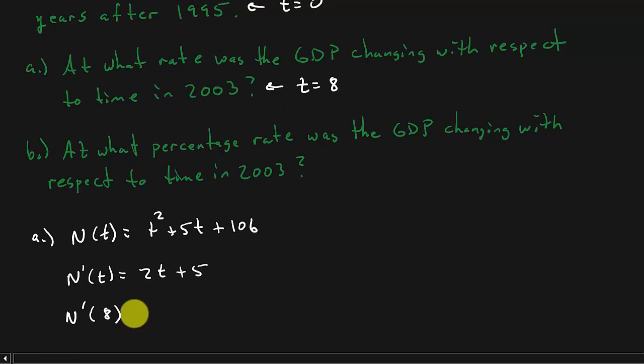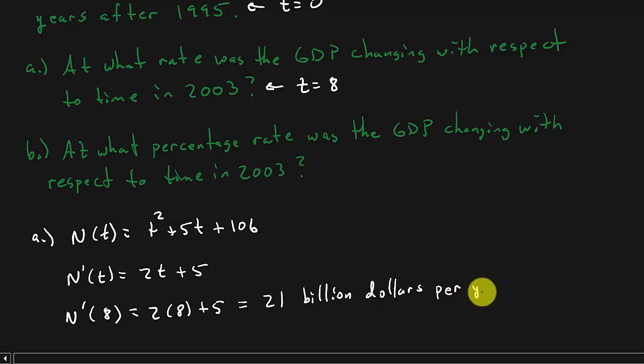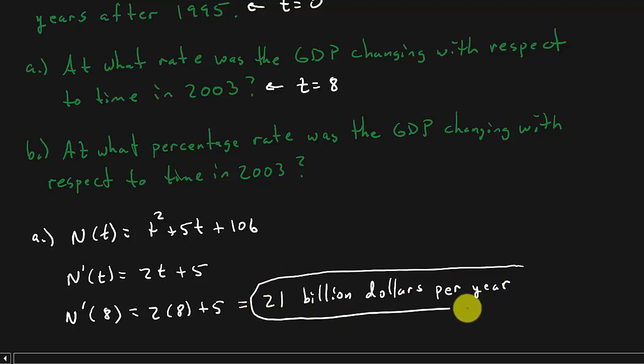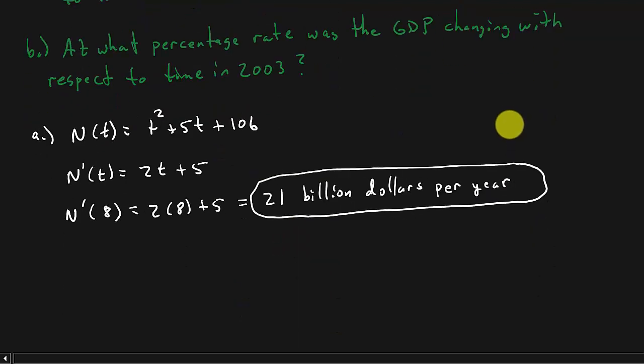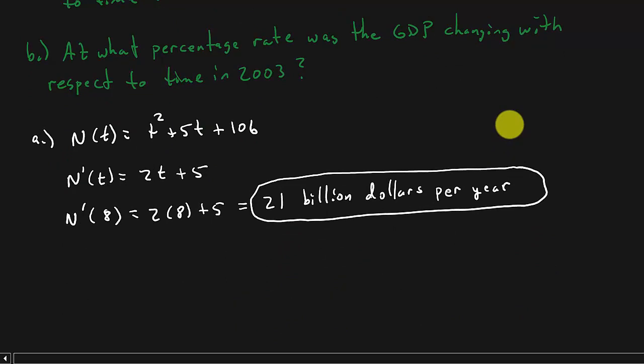So this gives us 2 times 8 plus 5, which is equal to 21 billion dollars per year. And you're thinking, hey, that's a lot of money. Well, it is a lot of money.